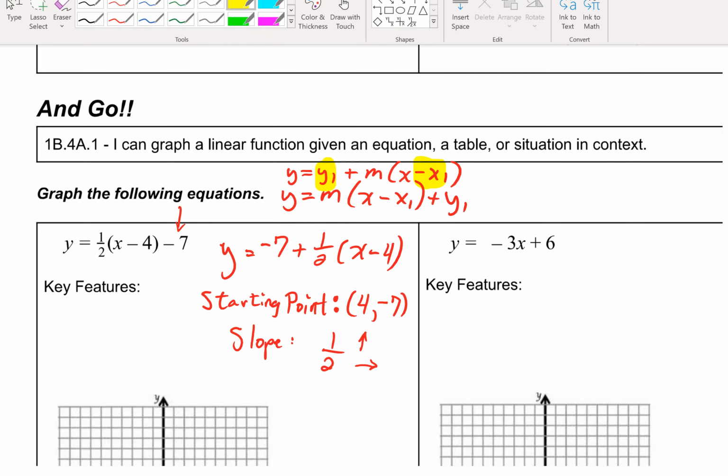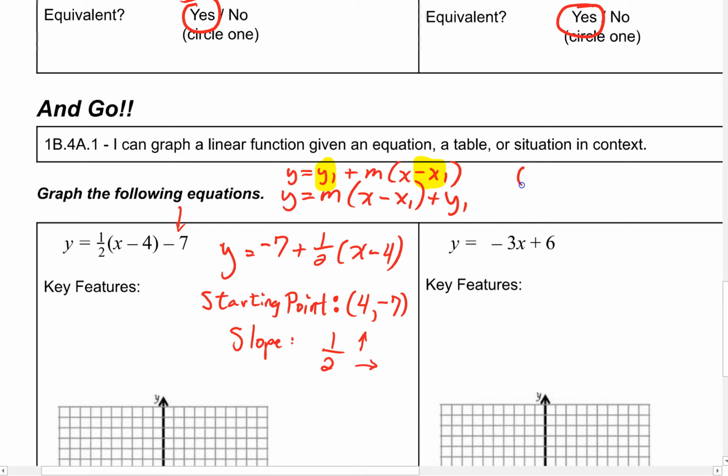You'd have your starting x1, y1, but notice how it's written in the parentheses. It's not x plus x sub 1, it's x minus x sub 1 there. So, that's just coming into play, that we have that changing of the sign.